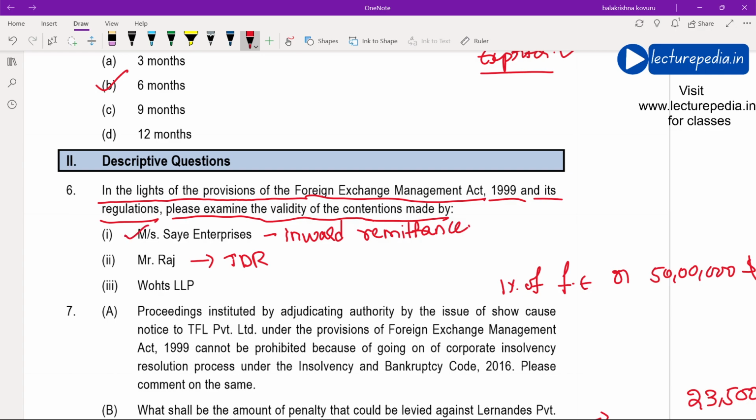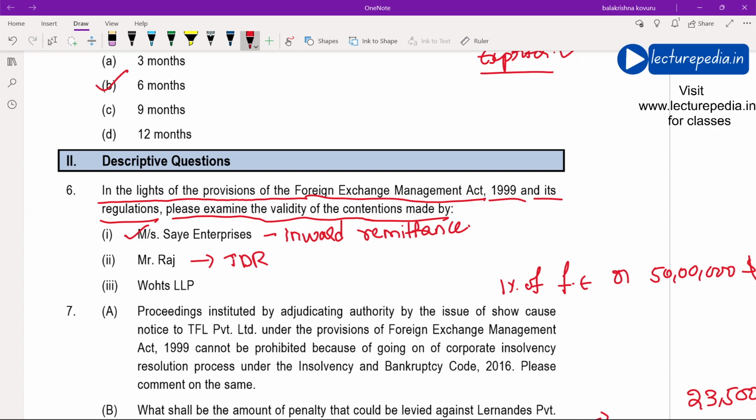Basically, what was the case against this Sai Enterprises? It was observed by the adjudicating authority under FEMA that Sai Enterprises has received some foreign exchange without corresponding inward remittance. If you receive any foreign exchange without corresponding inward remittance, then it will be deemed that such amount is not received through an authorized dealer.